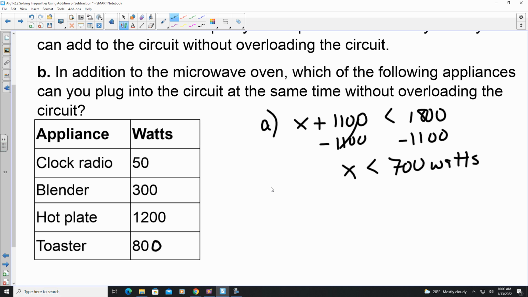Essentially, you're taking everything that would be less than 700. So the clock radio would work, the blender would work, not the hot plate and not the toaster. The additional appliances that you could use are the clock radio and the blender.